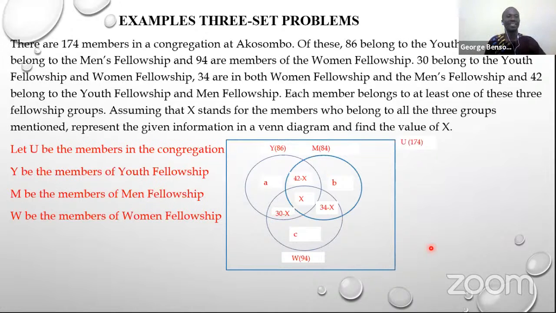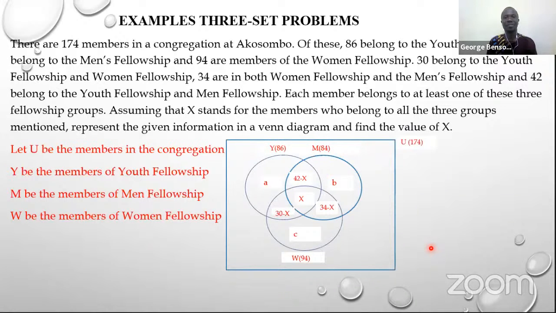Good. So looking at this example, there are 174 members in the congregation at Akosombo. Of these, 86 belong to the youth fellowship, 84 belong to the men's fellowship, and 94 are members of the women fellowship. 30 belong to the youth fellowship and women fellowship, 34 are in women fellowship and the men's fellowship, and 40 belong to the youth fellowship and men fellowship.